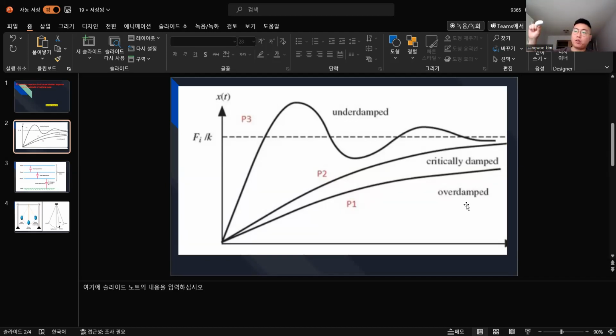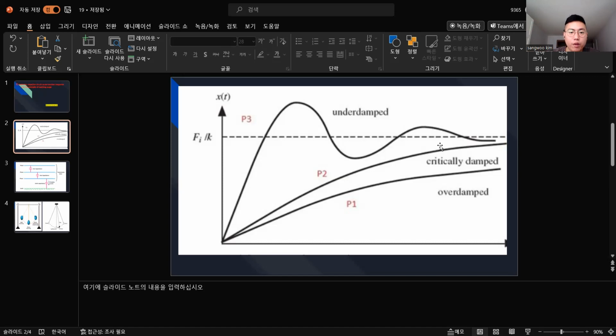But overdamping means we want to stop it because we have enough resistance. So don't swing, stop here. But underdamping is when there's not enough resistance, so it has to swing and slowly go down. I'll show you one more time.